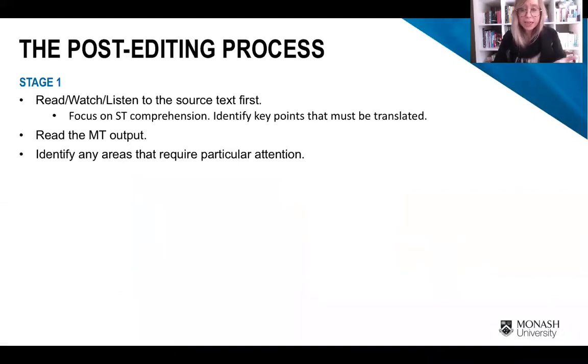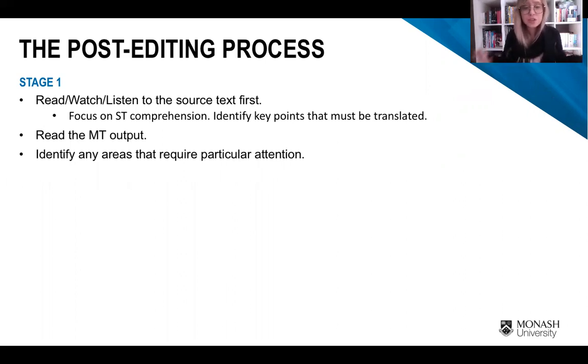So the first step to any translation is comprehension. So you want to start by reading and understanding your source text. And by source text, we mean the original text that has been fed into the machine translation software on which your entire translation is actually based. You want to make sure that you've grasped the key points that have to be transferred.